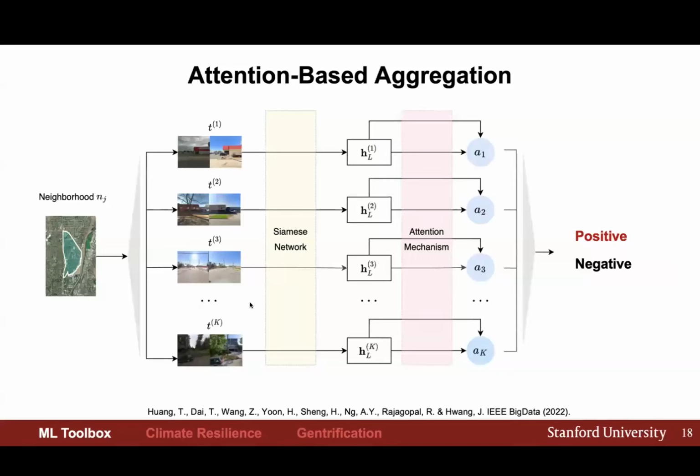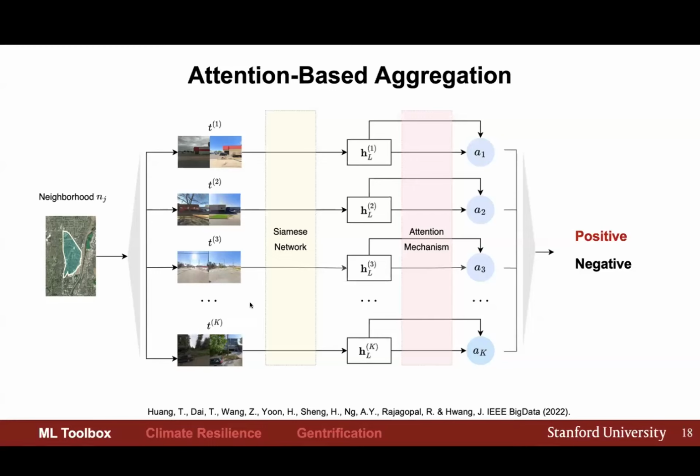It's essentially a weighted average aggregation. So you can see the neighborhood is a container of a number of buildings, a number of pairs of images. And after getting the predictions for each building, we need to aggregate them in a weighted average way for this neighborhood and see whether this neighborhood is positive or negative.